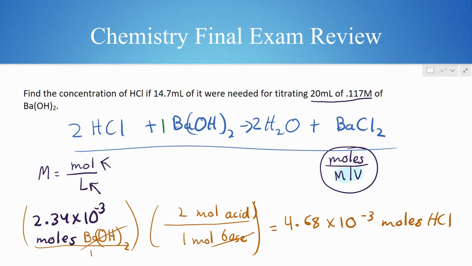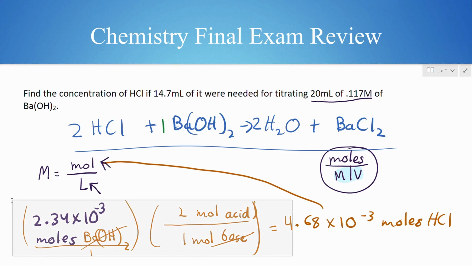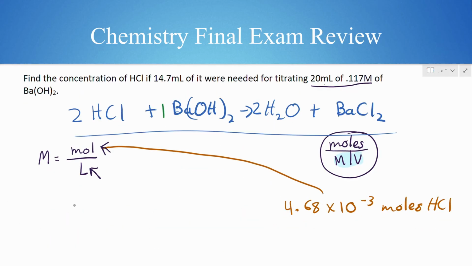So now we have our number of moles of acid. And we're almost there at completing this. What we need to do now is find the number of liters of acid that we have. So if you just divide this by 1,000, you'll get the number of liters.